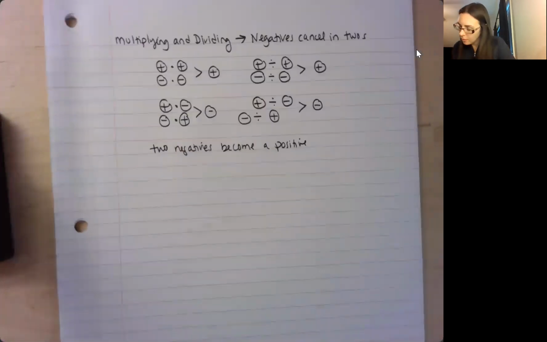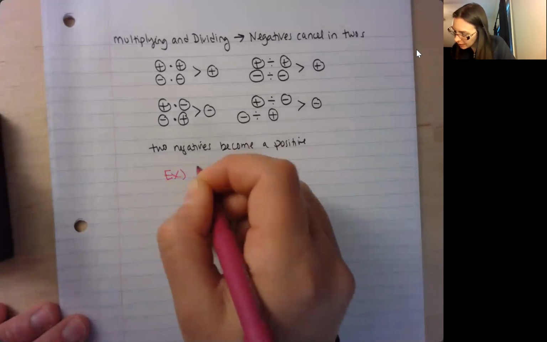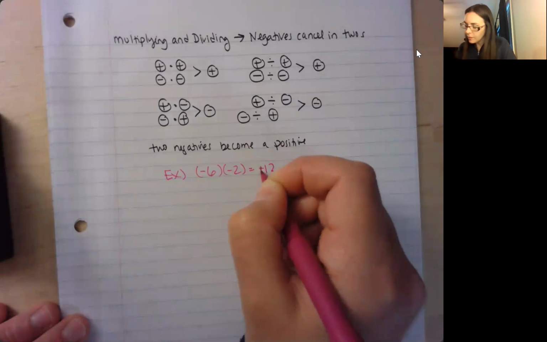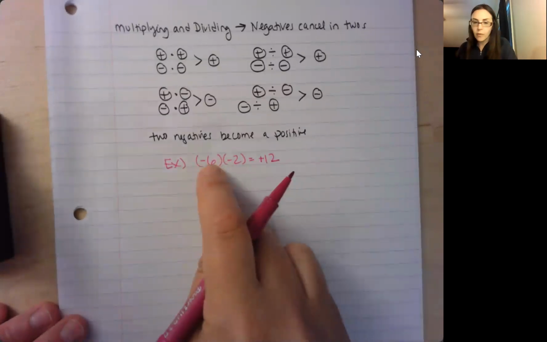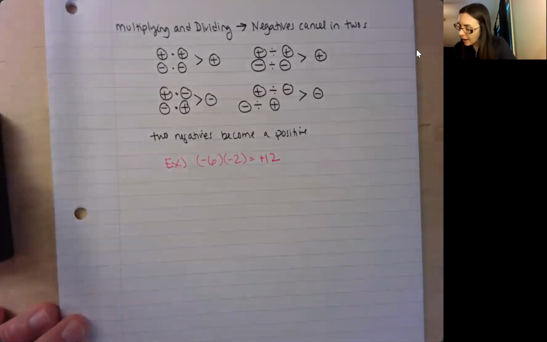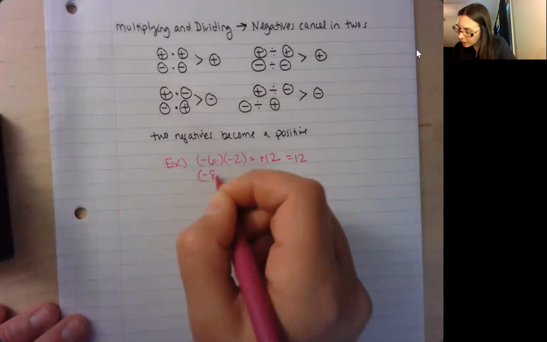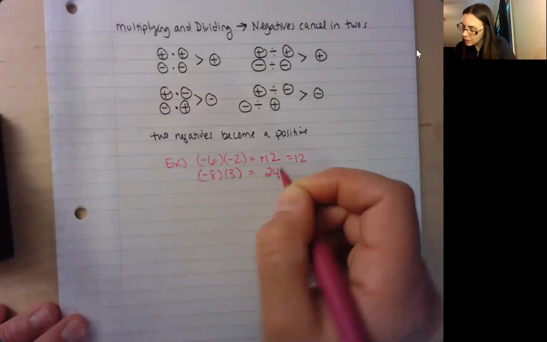So for example, if I have -6 times -2, I would end up with positive 12. Two negatives cancel out, I get a positive, and 6 times 2 is 12. If I had something like -8 times +3, well, 8 times 3 is 24. I only have one negative, so it stays.